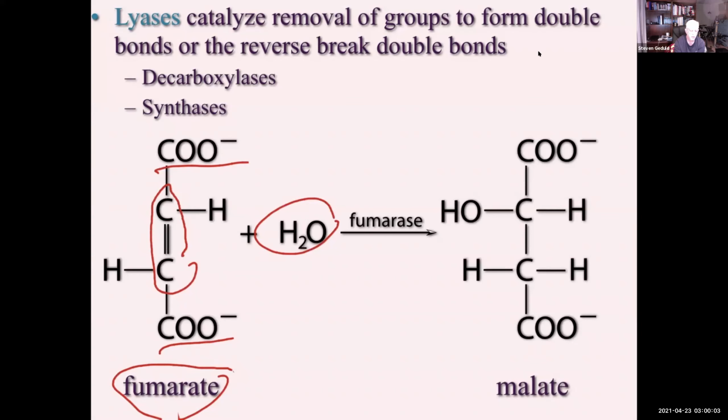So you're going to remove the double bond by adding H to this one and OH to this one. Okay, opening up that double bond by adding water. And that's fumarase that does that reaction. So fumarate goes to malate. Fumarase converts fumarate into malate.